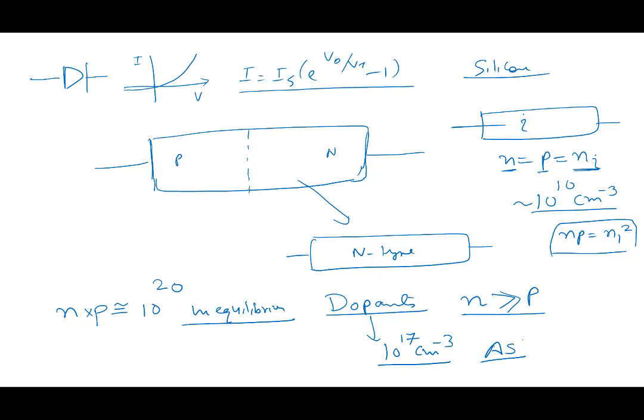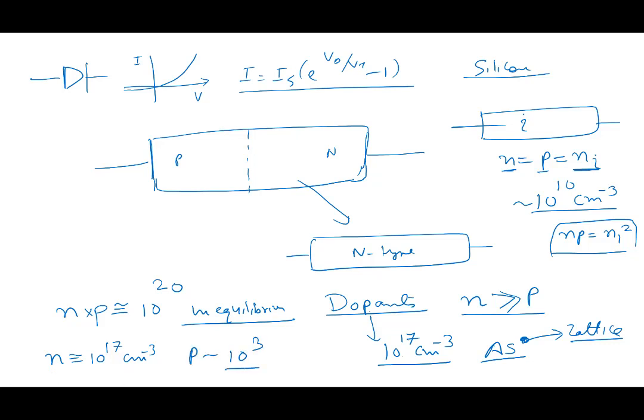So arsenic is able to give one extra electron to the silicon lattice. So when you add 10 to the power 17 dopants, you end up with n almost 10 to the power 17. Each of those dopant atoms donates an electron, so the number of electrons becomes 10 to the power 17. What happens to the number of holes?